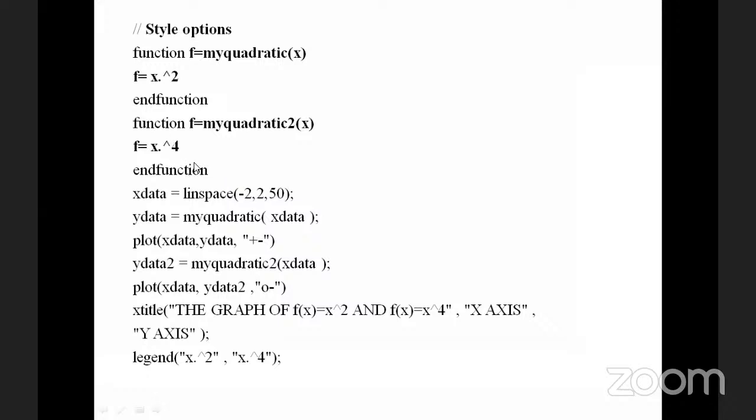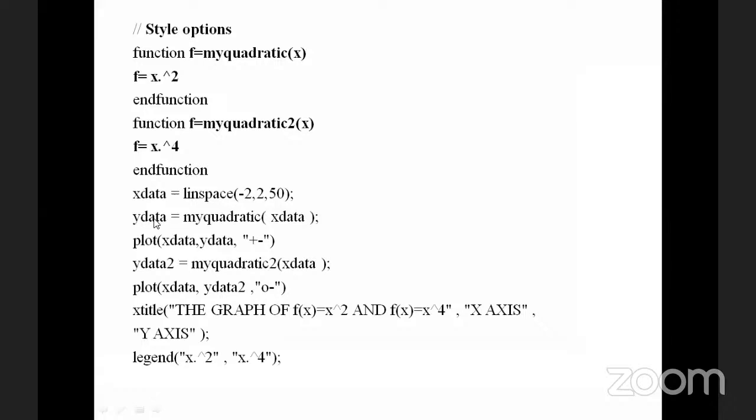This is X data, and I have used the linspace command here that will plot between -2 to 2 with 50 points.